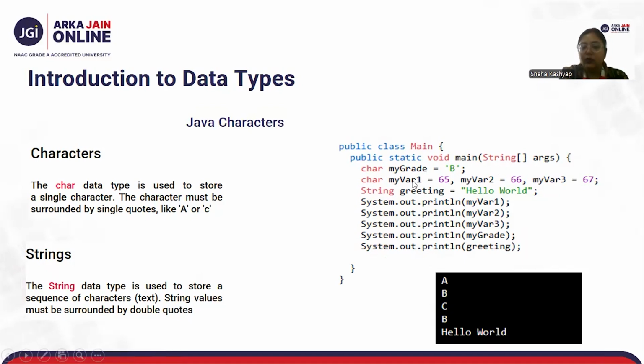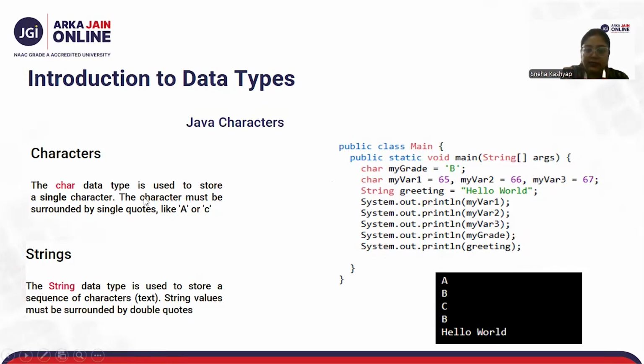Next, for my variable 1, 2 and 3, I have taken the data type as character, and I have initialized the values with 65, 66 and 67. In the first case, I have assigned the value as a character in single quotation.